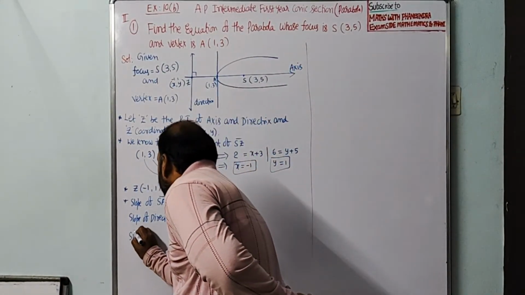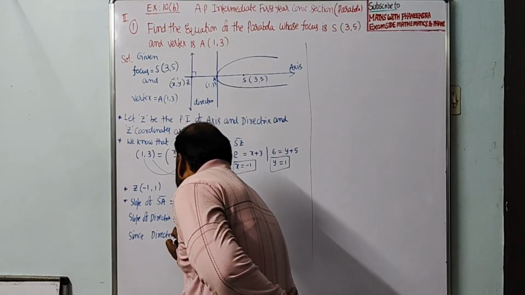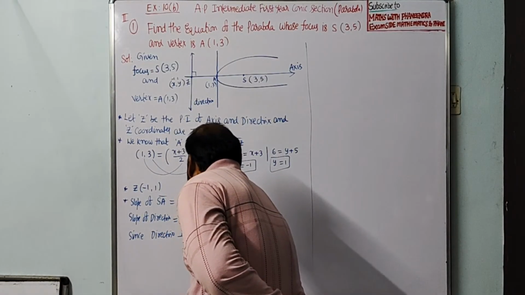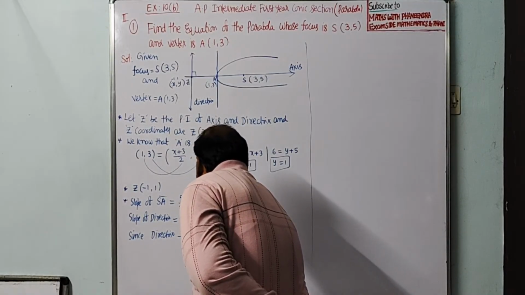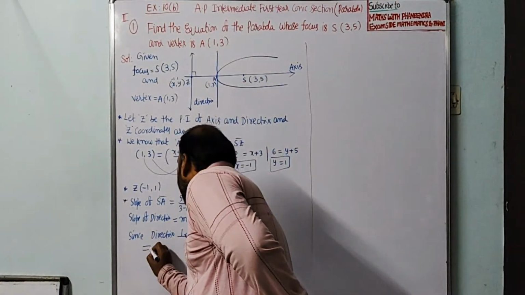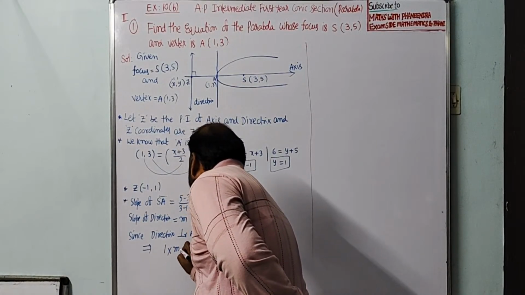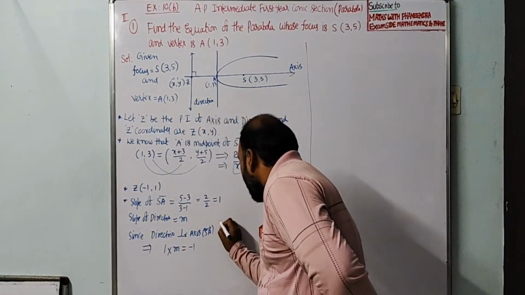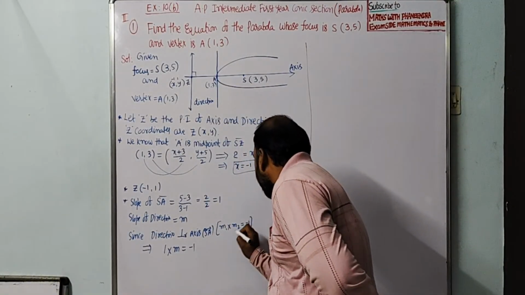Since the directrix is perpendicular to the axis, here the axis means the equation of SA. Whenever two lines are perpendicular, the product of slopes is minus 1. We know the property m1 m2 = -1.